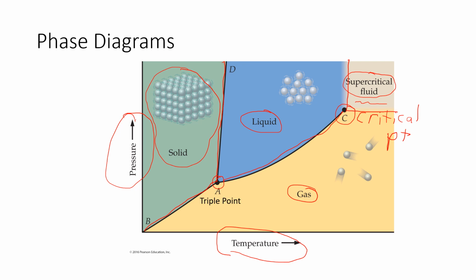And then this third line segment, I guess it's really more of a curve, is where we have the liquid in equilibrium with a gas. If we're going from liquid to gas, we call that evaporation or vaporization, boiling. If we go from a gas to a liquid, we call that condensation. Okay, so I think that's it for this diagram.